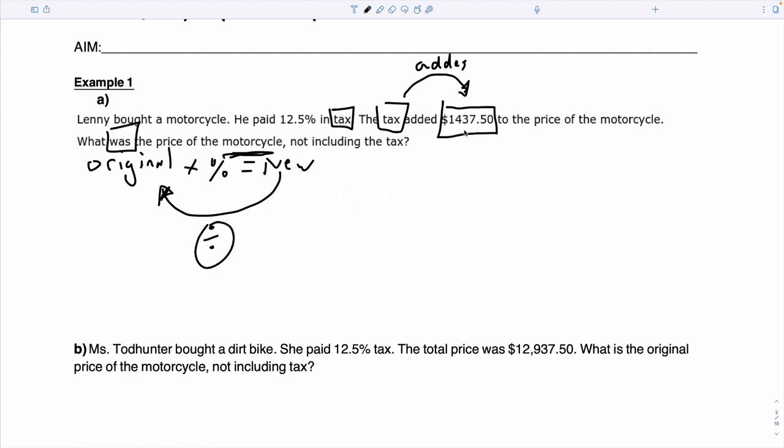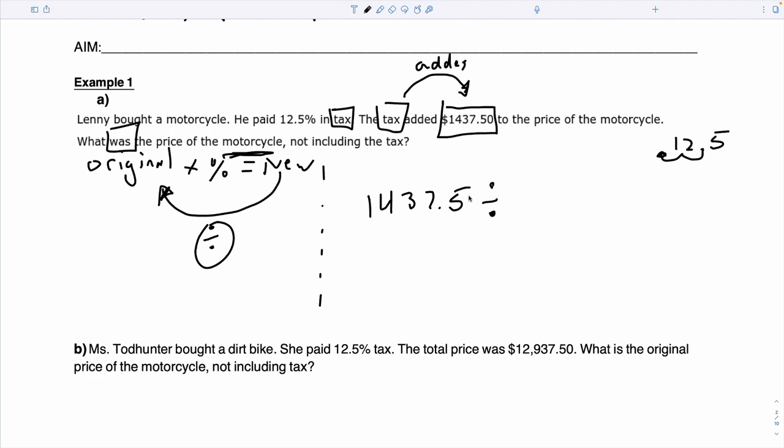So let's take the tax, 1,437.5. And instead of multiplying by 12.5%, we're going to divide by the decimal version of 12.5. This was the tax. I know it's marked up, but I'm not trying to work with the new price.